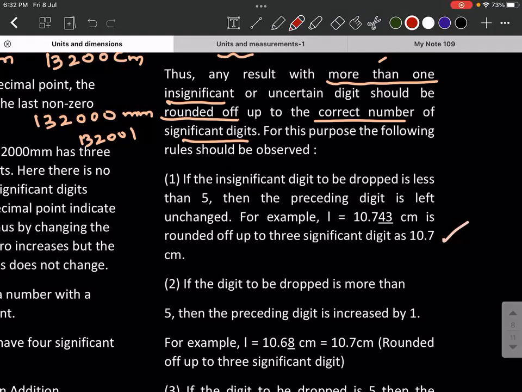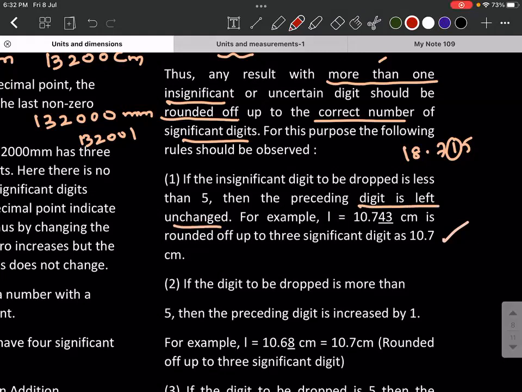How did I find the insignificant figure in my 18.715? This is my insignificant figure, and I need to drop all the values after that. If the number to be dropped is less than 5, then the preceding digit is left unchanged.